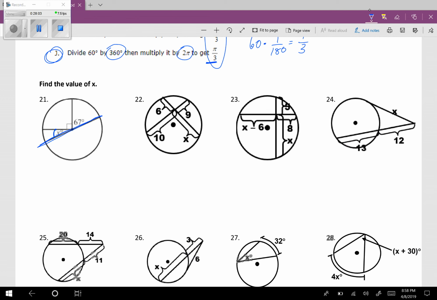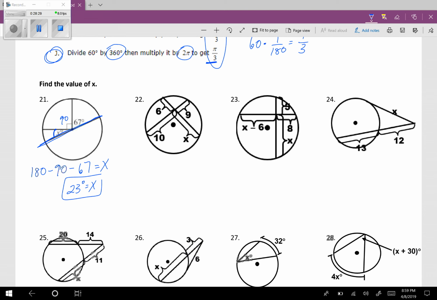So we know that the 67 and this 90 and this x have to add up to 180. So basically we'll do 180 minus 90 minus 67, and that's x. So 180 minus 90 is 90, 90 minus 67, 23. So x is 23 degrees.